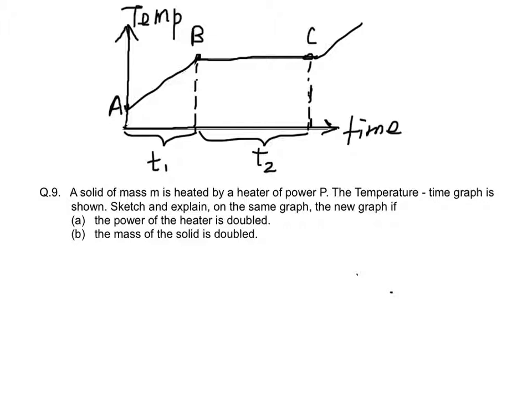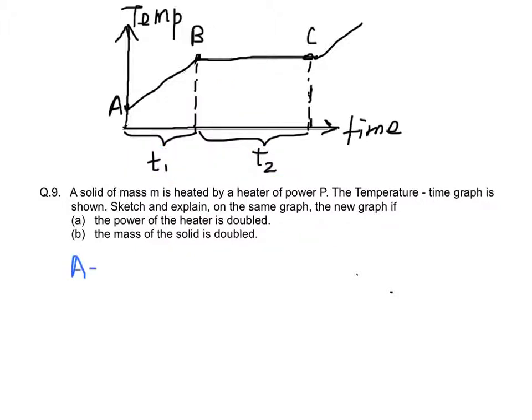From the graph, during the time interval T1, the solid is being heated, and along AB it is still in solid state. During the time interval T2, the solid is heated to melt. Therefore, along BC, solid and liquid states coexist.